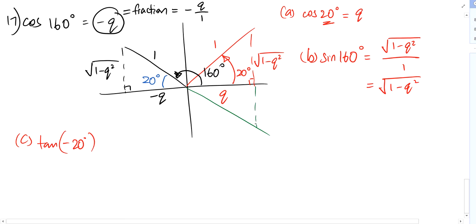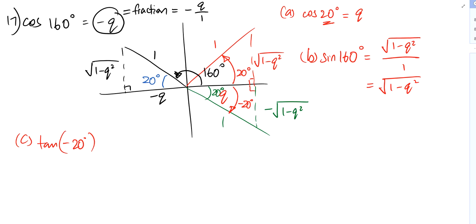What is the basic angle? 20 degrees. But we are looking for this one, negative 20 degrees. So same thing again, same exercise. What is the radius? 1. What is this side? Negative square root 1 minus q squared. Then the x value is the same.